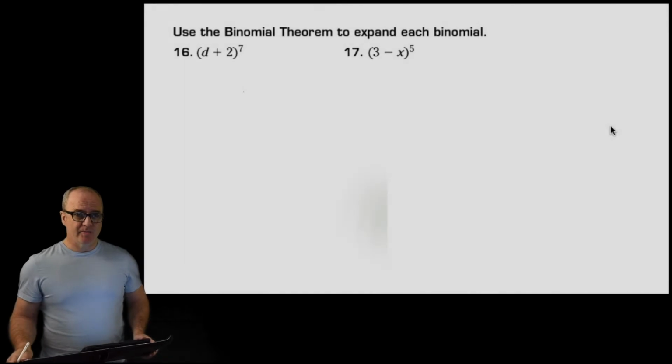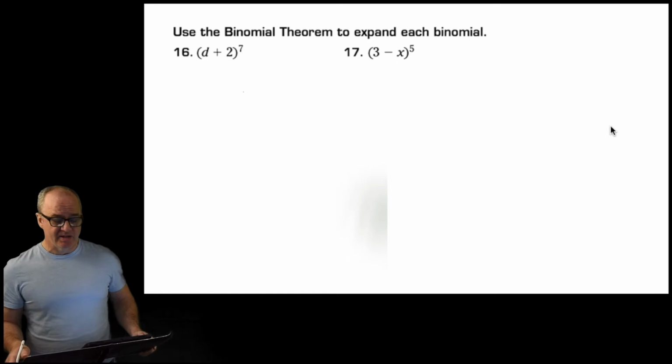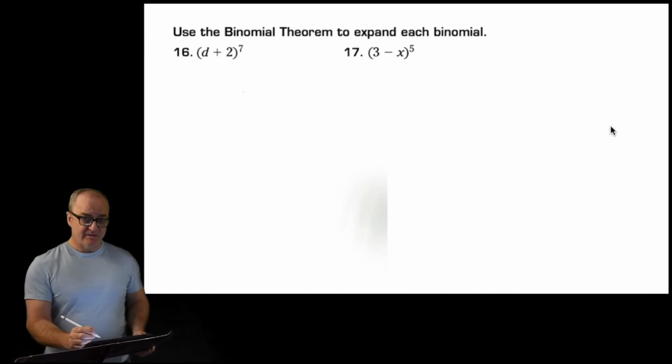How do you use the binomial theorem, as opposed to just distributing it out or using Pascal's triangle, to expand each binomial? Now this is going to be a little bit tedious, and we'll see how far we can get.